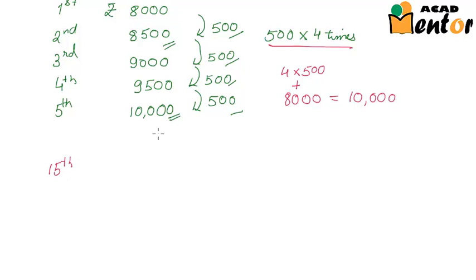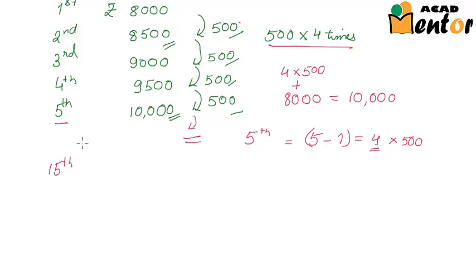Now this is very helpful when we have to find out what she would have donated in the 15th year. If you were to calculate by adding 500 every year, it would be a very tedious process. So we see that for the 5th year, there were 5 minus 1 increments, that is 4 increments of 500.